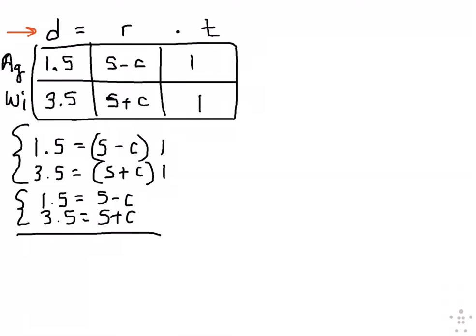So elimination works really well here, right? Because the C's will cancel. So 1.5 plus 3.5 is 5 equals 2 times S, and the C's cancel. So we get 5 halves, or 2.5, since the question was written in decimals, equals S. So her speed in still water is 2.5, and the units for this problem were meters per second.